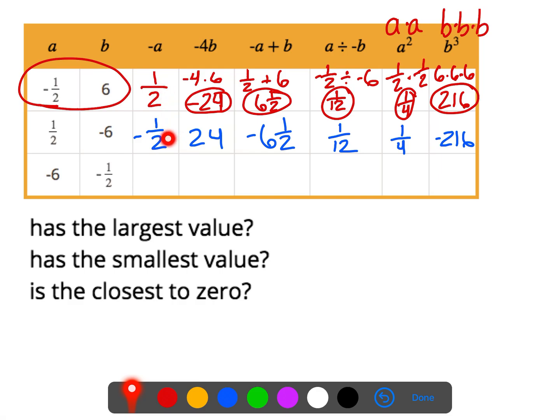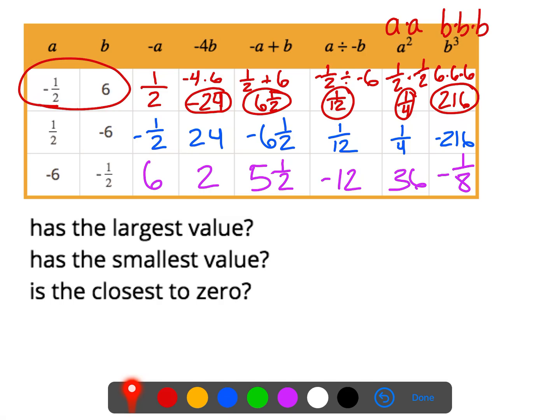Here we had positive, now it's negative. Negative became positive. We did have a couple that stayed the same here in the middle. And let's look at the last row. All right, so please make any corrections if you need to change any of those.